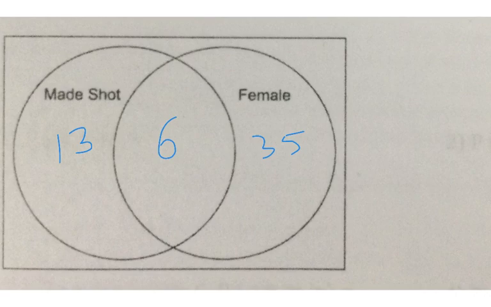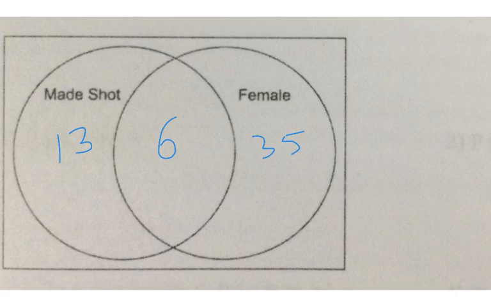So what does this number have to total? 81. Everything in the box has to add up to 81. We have 13, 6, and 35 already accounted for. 13 plus 6 is 19. 19 plus 35 is 54. So if the whole thing has to be 81 and I already have 54 accounted for, you could do 81 minus 54, which is 27.